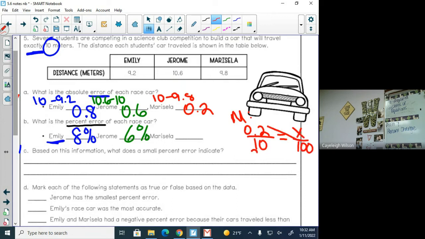So 0.2 times 100 is 20. 10 times x is 10x, divide by 10, and her change was 2%. You had a 2% error.